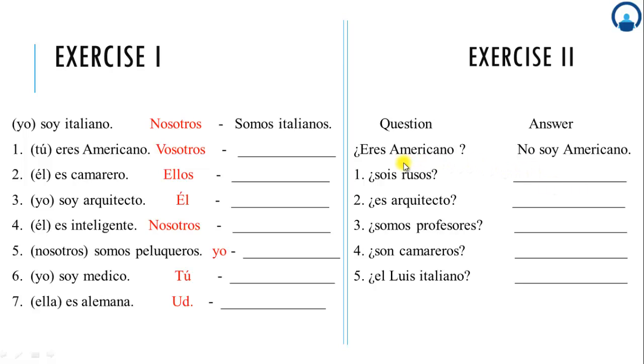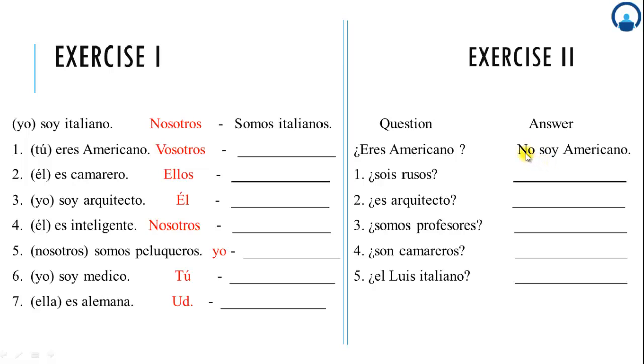For example, the first one, ¿Eres americano? This question means, are you American? And I have answered, no soy americano. I am not American. Please refer to the rule of negative and adjectives if required for writing down these answers.